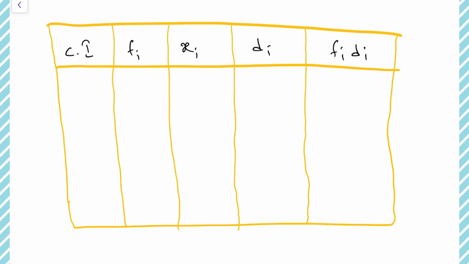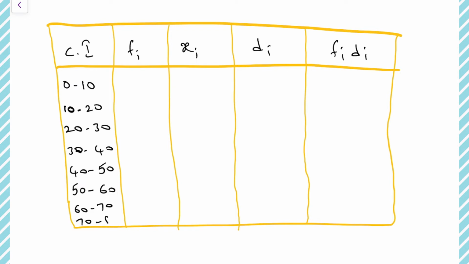Let us write the class intervals given in the question: 0 to 10, 10 to 20. My god, if I miss one class interval then the total answer will go wrong. 20 to 30, 30 to 40, 40 to 50, 50 to 60, 60 to 70, finally 70 to 80.